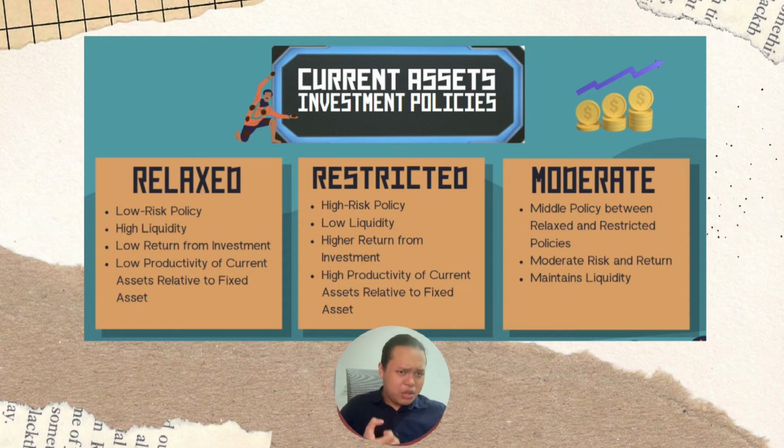The liquidity is low and the return from investment is high. The productivity of current assets relative to fixed assets is also high. Lastly, moderate is a middle policy between relaxed and restrict policies. It is moderate in risk and return, and it maintains liquidity.